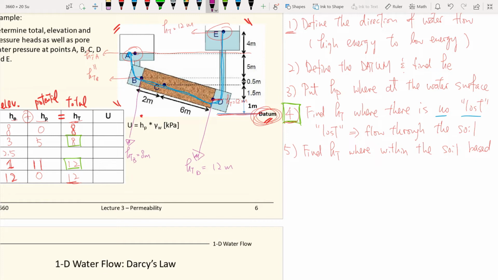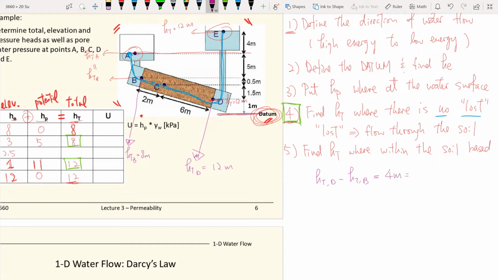Which means getting from pond D to pond B, we lost 4 meters out of the total length of 8 meters, because the distance between pond D and pond B is 8 meters. So the head drop from pond D to pond B is 4 meters.